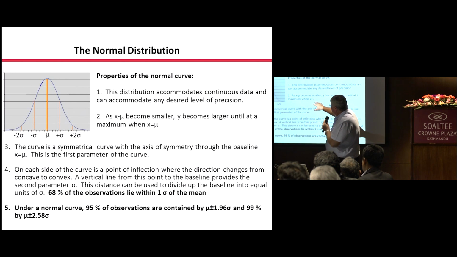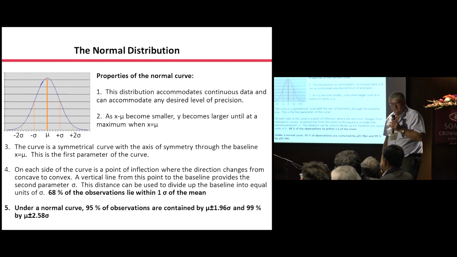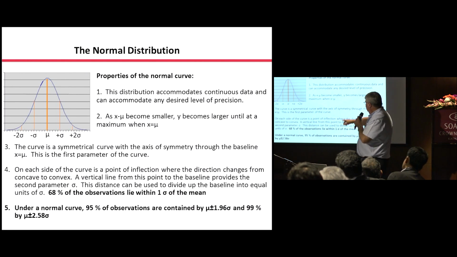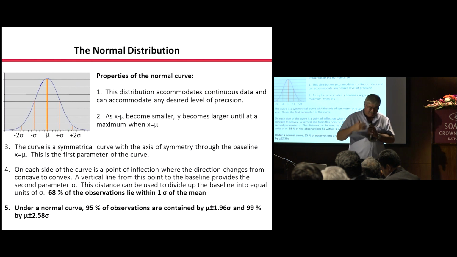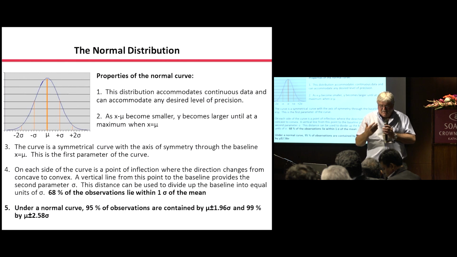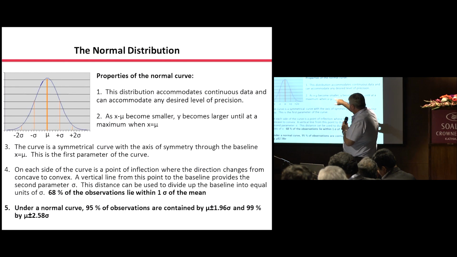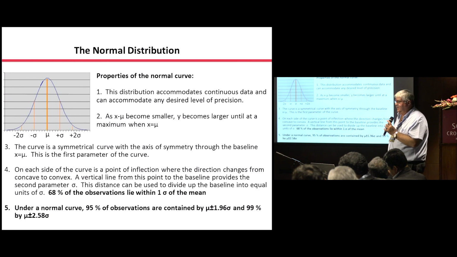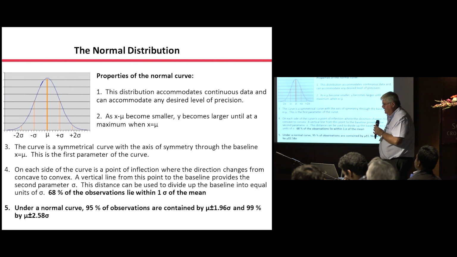So what we use in statistics is essentially the normal distribution. And we assume that all the populations that we are working with are normally distributed. And most of the statistics that we base our calculations on assume that the population that we have measured is normally distributed. And the importance of that I will mention again as we go along.